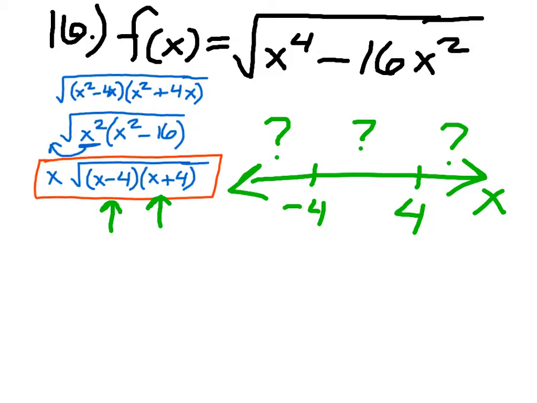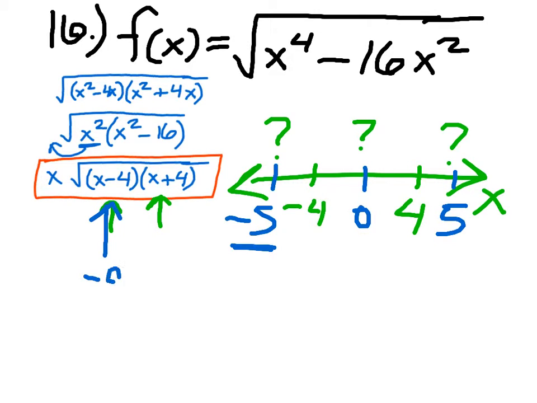So let's try some test values here. How about 0 for that region, 5, and then we'll try negative 5. Now if I put negative 5 in, you could see that I will have, in this first factor, negative 9.